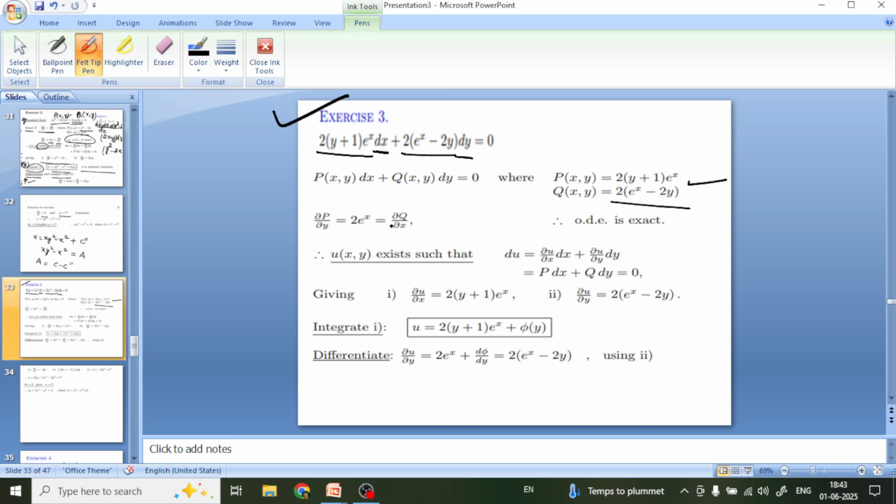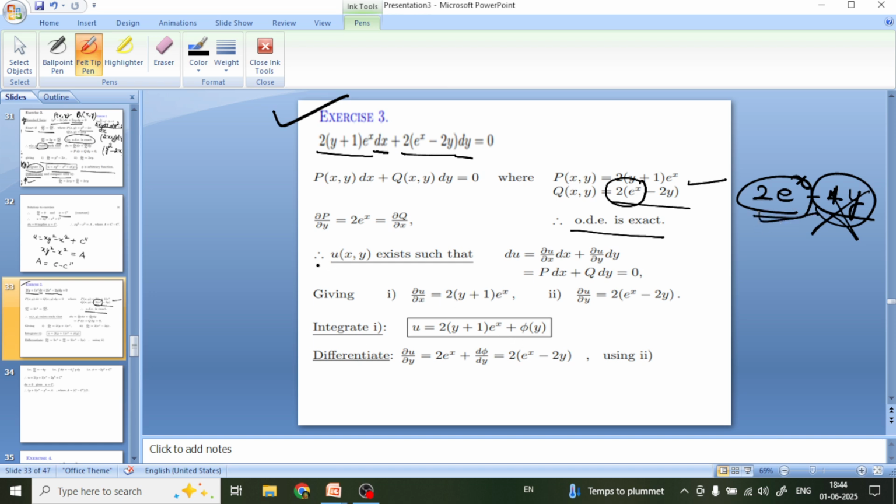After that, taking the value from q(x, y), 2e raised to power x, the partial derivative of p is equal to 2e raised to power x, equal to the partial derivative of q with respect to x. The differential equation is exact. So that is why we take the partial derivatives.